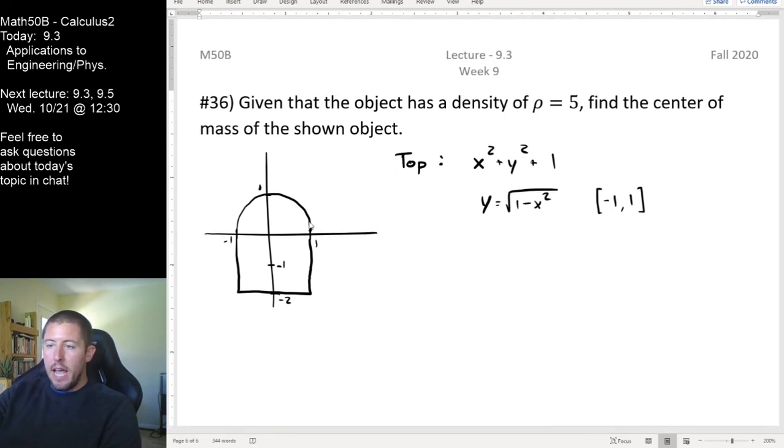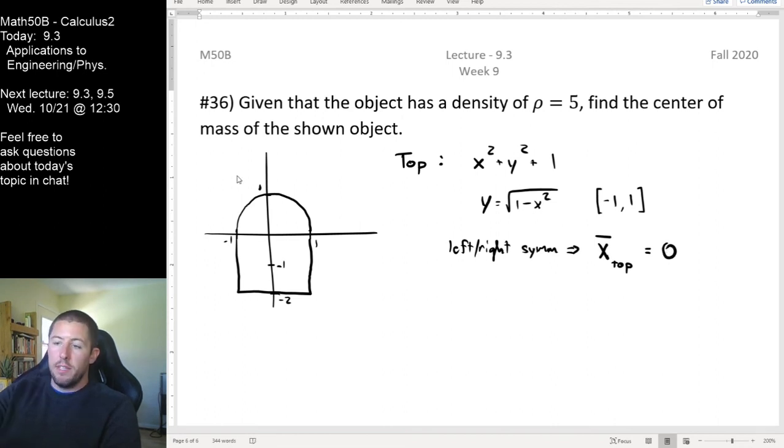And what I'm thinking is, I see that we're perfectly left-right symmetric. If we're left-right symmetric, then that must mean that our center of mass is halfway between the left and the right values. And so I already know that x, I'll call this x top bar, equals 0.